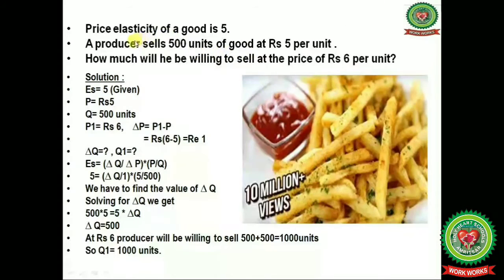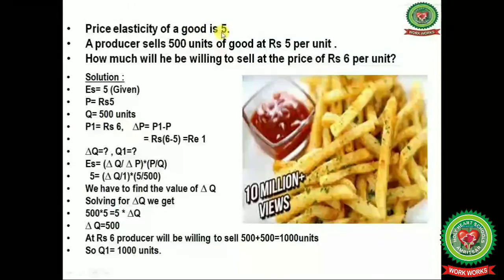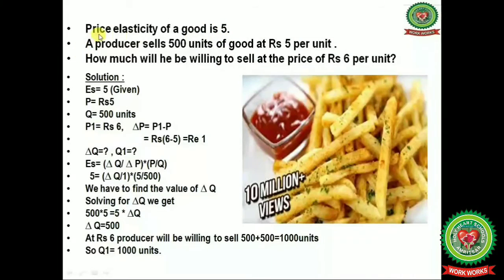Now next example: the price elasticity of a good is 5. Here we have been given the price elasticity, that is 5. A producer sells 500 units of a good at rupees 5 per unit. So the original price P is rupees 5 and the original quantity Q is 500 units. How much will he be willing to sell at a price of rupees 6?